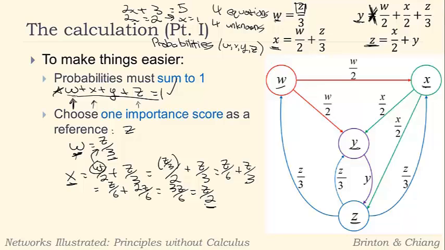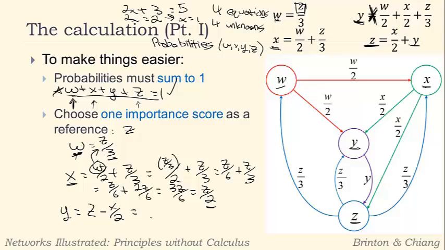Now we can move on to y. So rather than using, again, this equation where we'd have to plug in everything for w and then x, why don't we just work with this equation down here, and we can say that y is equal to z minus x over 2, right? Because we already have y on this side, so we can just subtract x over 2 from both sides.